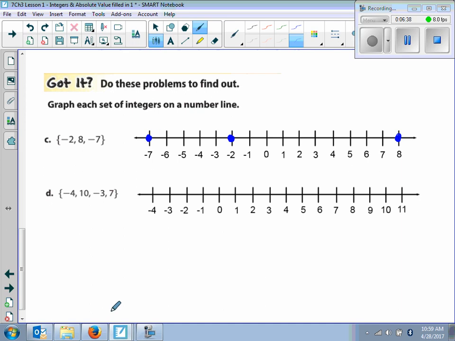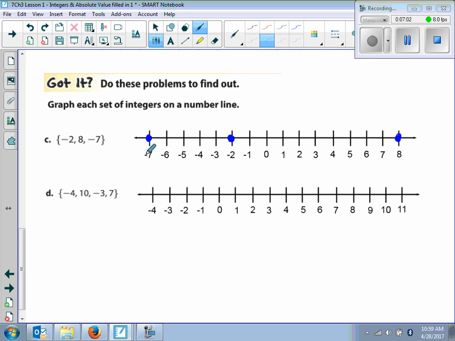And that's it. Now, what I wanted to point out to you is that when you're looking at the number line, you can see which ones are the smallest to the largest, right? Because on the number line, smallest to largest goes from left to right. Is everybody with me? So look at these negatives. If we look at the negatives here, we have negative 7 and negative 2.